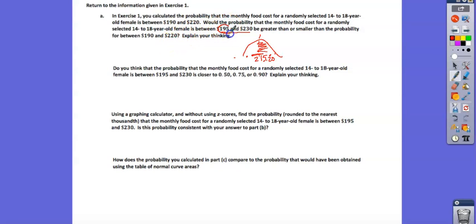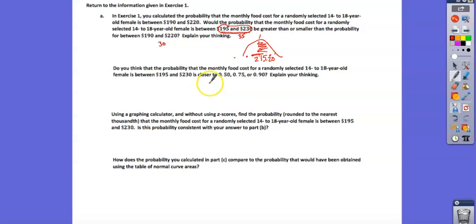See how this is wider? What's the difference between 230 and 195? You've got 35 here, and the difference between these guys is only 30. So it's wider here, so I would say you have more area under the curve here. That's a higher probability.